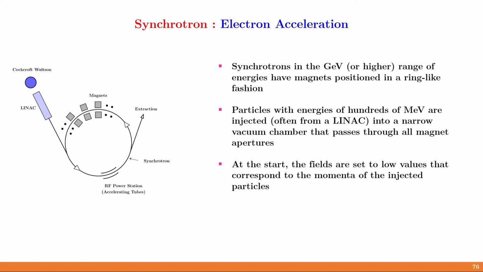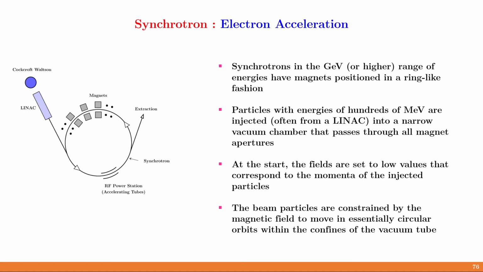At the start, the fields are set to low values that correspond to the momenta of the injected particles. The beam particles are constrained by the magnetic field to move in essentially circular orbits within the confines of the vacuum tube.